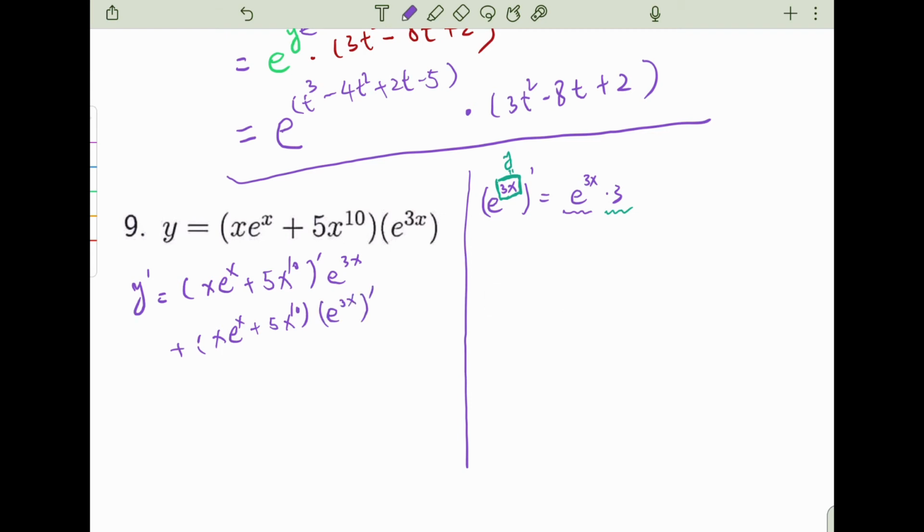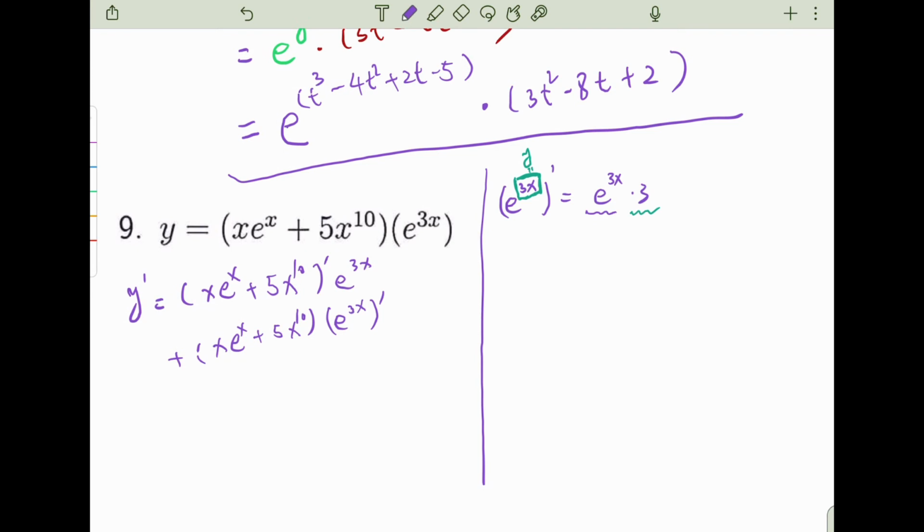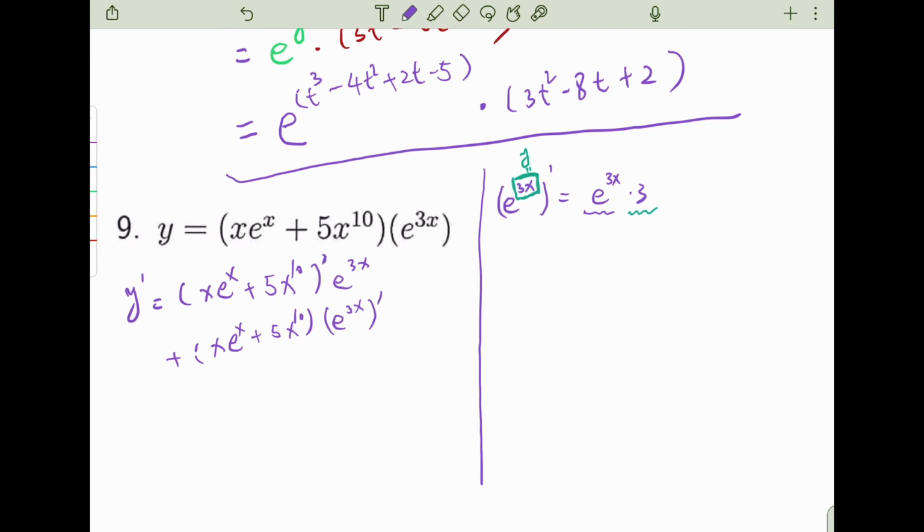And some of you may be wondering, why do we sometimes write the prime to indicate the derivative? Why do we sometimes write dy over dx or something else? That is because when we use the chain rule, we want to understand what the derivative is with respect to. In that case, we need to write d something over d something, just to indicate what the derivative is relative to.